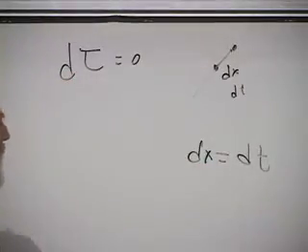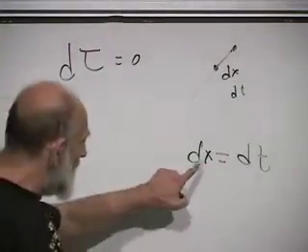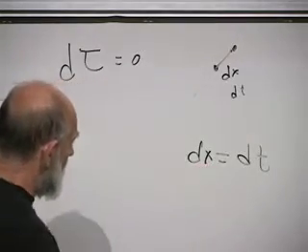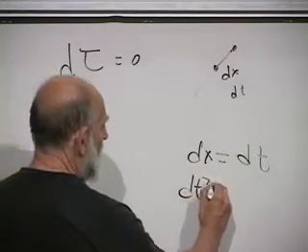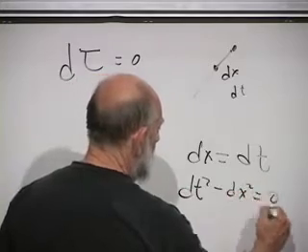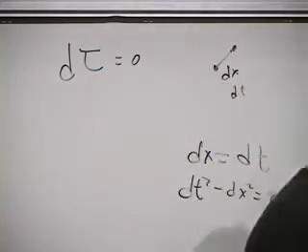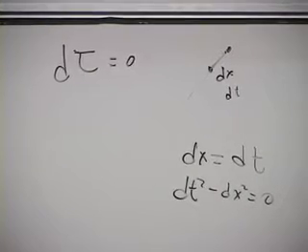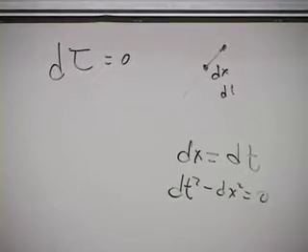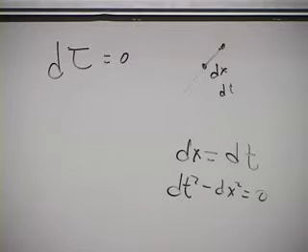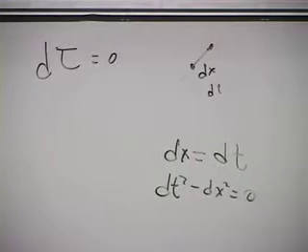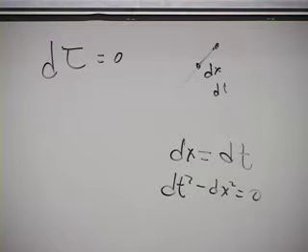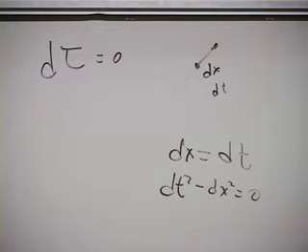But if c is set equal to 1, as it is in all my equations, then dx equals dt, and dt squared minus dx squared equals 0. So a light ray is a peculiar path through space-time where the proper time along the path of the light ray is 0. That characterizes the motion of a light ray.